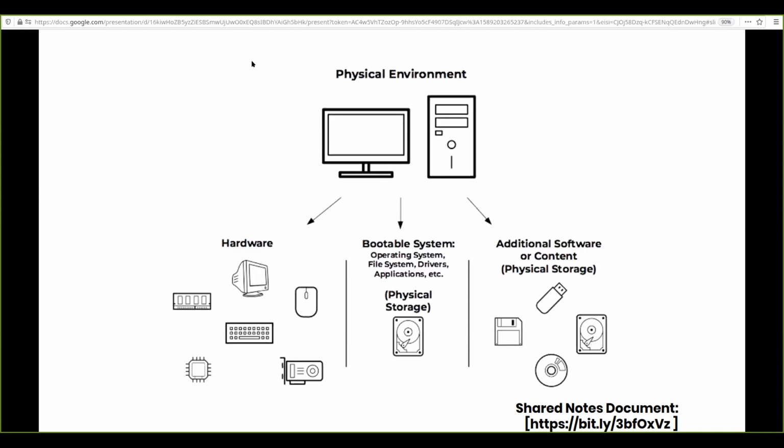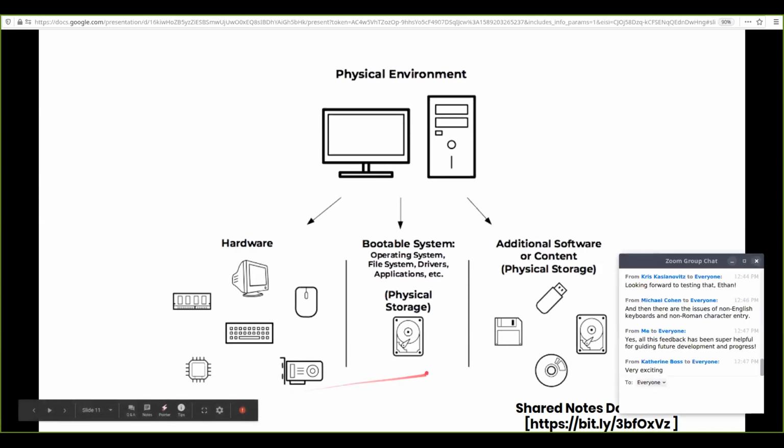You have some sort of bootable system. That would be either a hard drive on a desktop or, increasingly, a solid state drive on your laptop, the storage device that contains your operating system, file system, drivers, applications, the things that just come with your computer from the start, the things required to make it work.